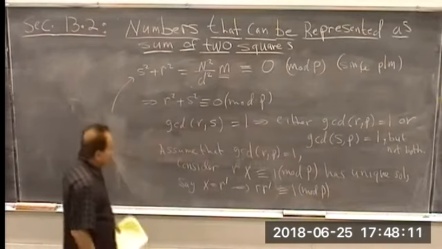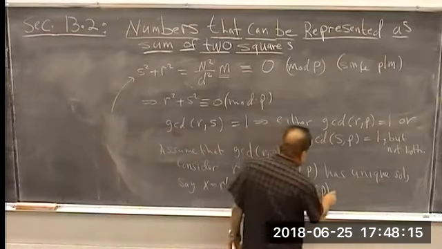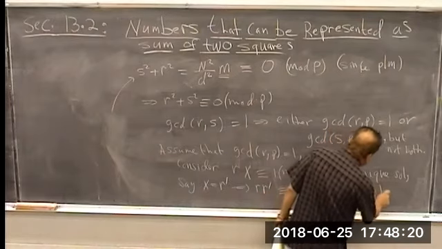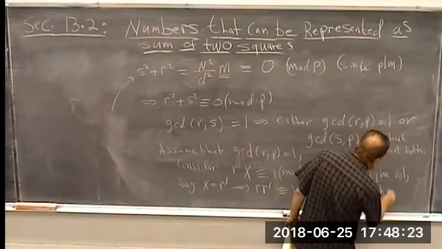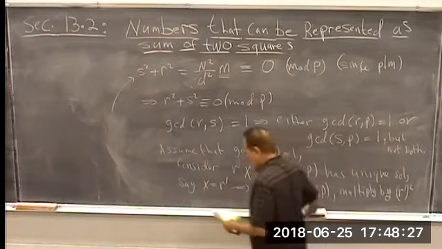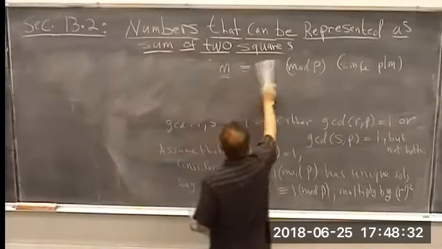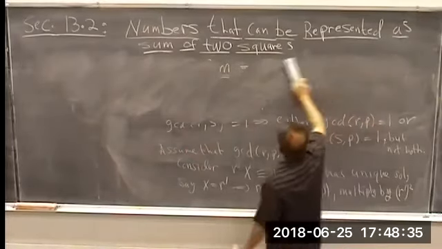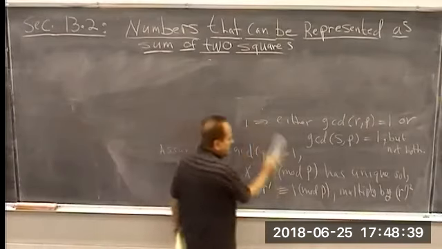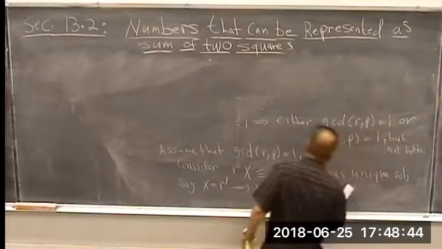All right? Now, let's multiply this by R prime squared, both sides. Actually, I'm incorrect. This is not what I want to multiply by.